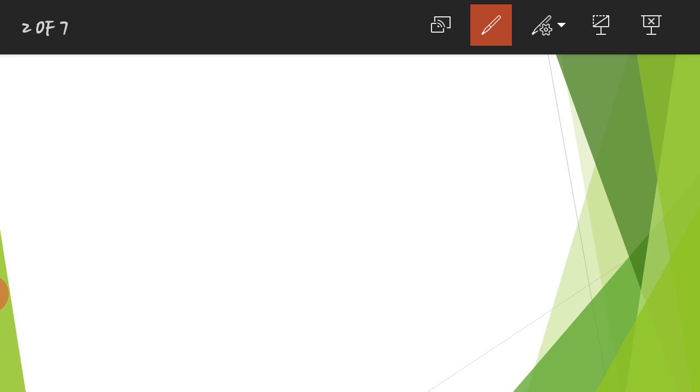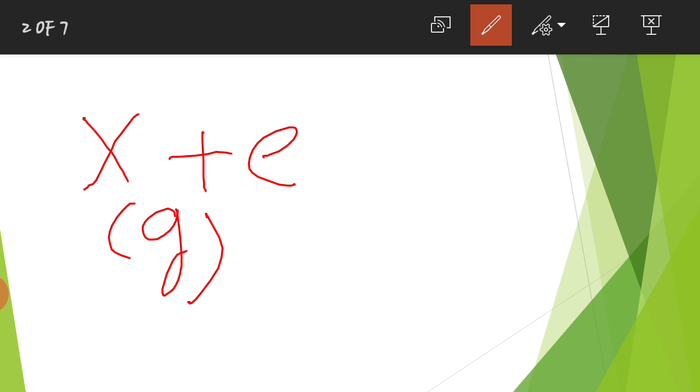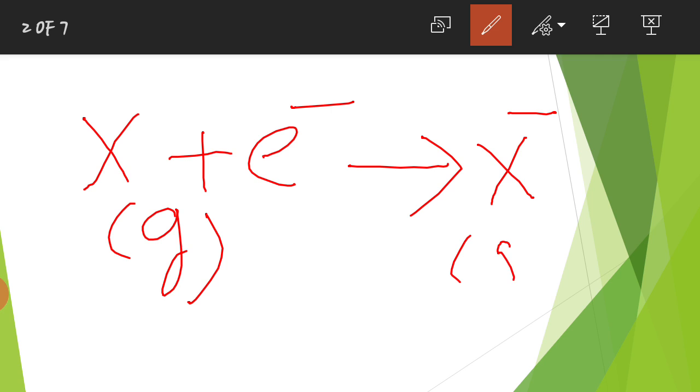The process may be represented as X (gaseous state) plus e minus gives X minus (gaseous) plus energy.